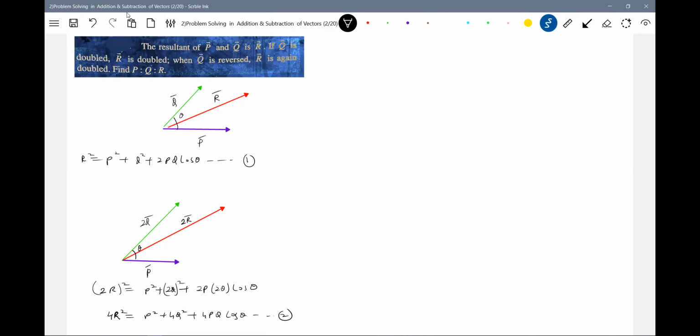Now we'll go for the next case. If Q is reversed, again R is doubled. This will be P, and this was Q. Now Q is reversed, so this will become P bar minus Q bar.